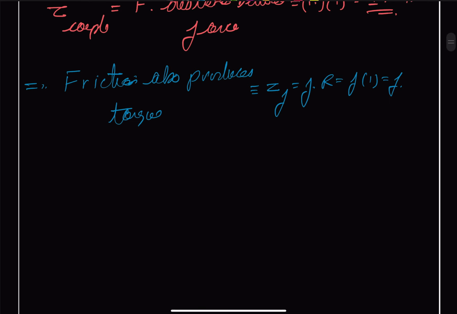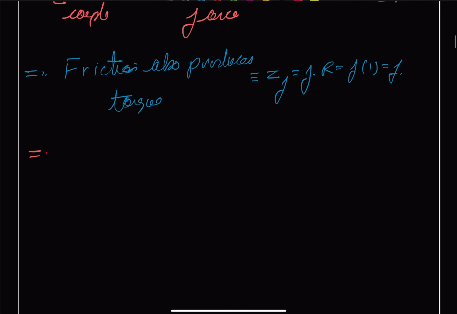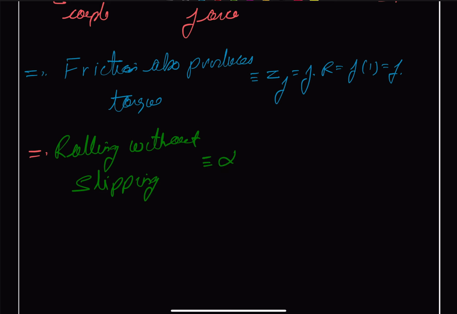As there is rolling without slipping, we can find our angular acceleration. So alpha is equal to ACM divided by R, and the radius is 1, so it will be equal to ACM.